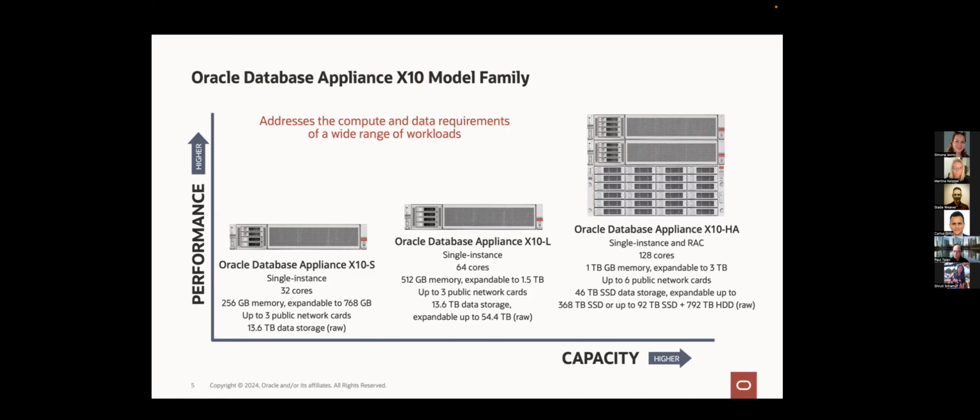So it's actually a very powerful system with up to 128 cores, 3 terabytes of memory, and up to 368 terabytes of raw SSD, and almost 800 terabytes of HDD if you choose the high capacity version. So this is our current product line. Next slide, please.